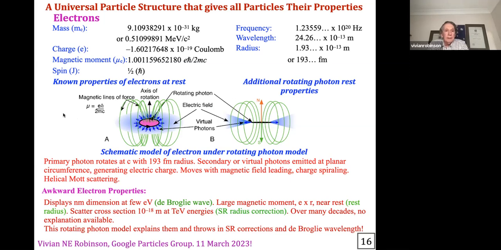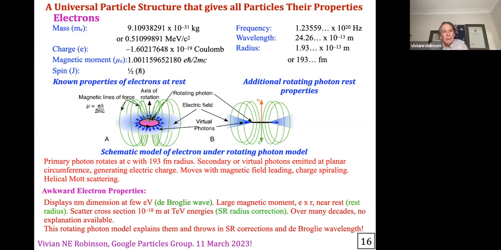And this is just a reverse of the positron shown earlier. You've got the electric field rotating in one direction, generating charge. You have the magnetic field, and the charge just spreads out from the axis as the photons get further away.